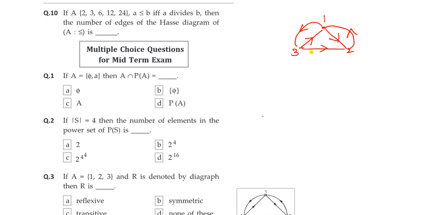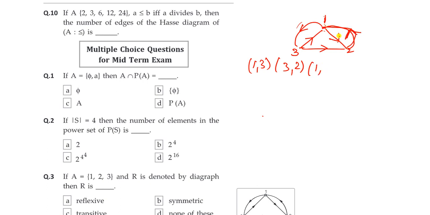So from this digraph find out the elements of the relation. So 1, 3 is there, good. Next 3, 2 is there, and next 2, 1 is there, and 1, 2 is there, yes, 2, 1 also there.